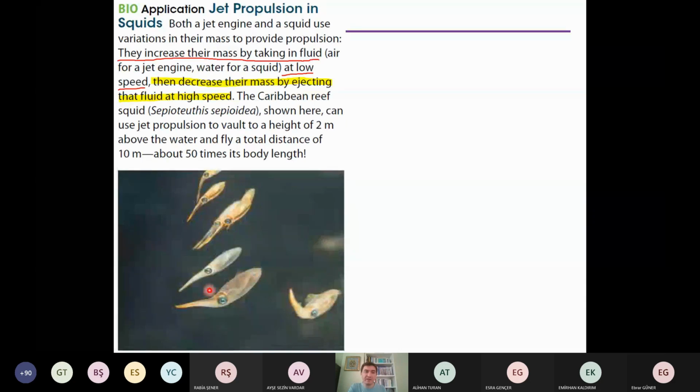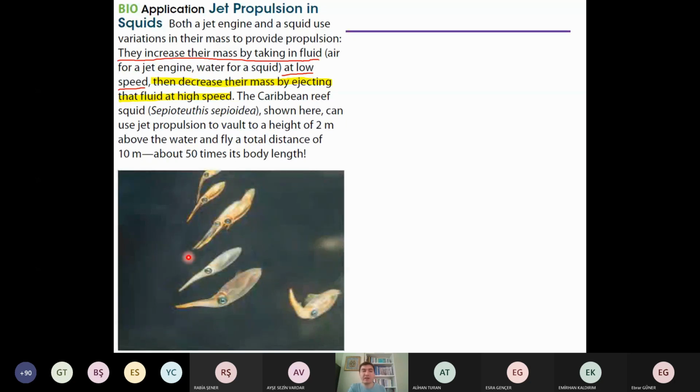And these squids take water into their bodies at low speeds, so they increase their mass. Then they decrease their mass by ejecting that fluid at high speed. So at the beginning, at low speeds, they take water into their bodies, and then they eject this water at very high speed. Then they produce thrust F in the forward direction.